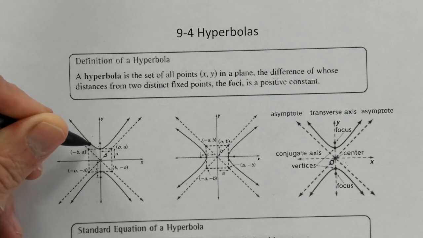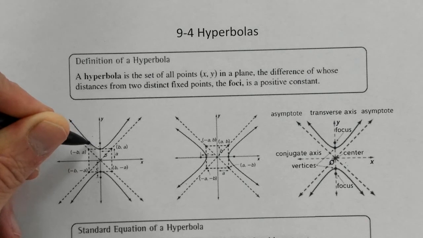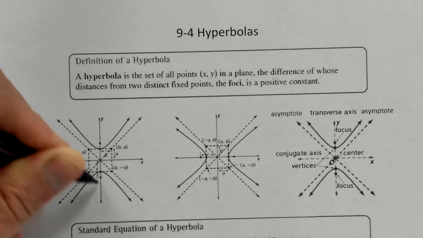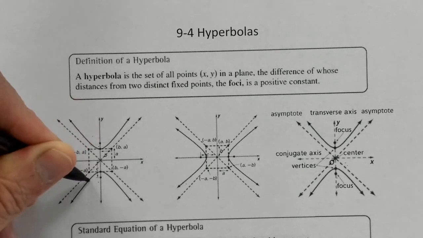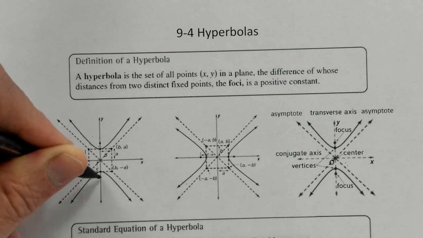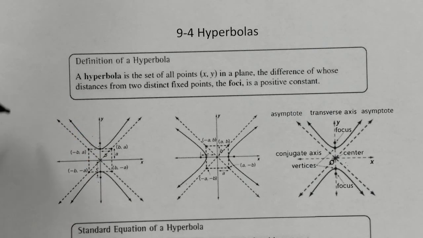In other words, from here minus here could be 5. Well, when I come up here, here to here minus here to here is still 5, and same way the other way around, and same way down here. So you've got one on each side. Okay, so that's what that means.